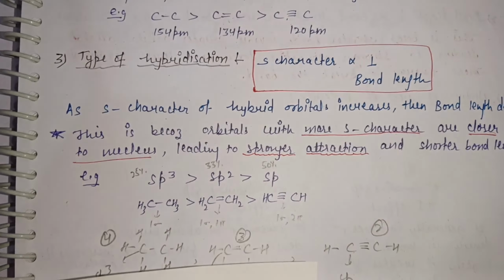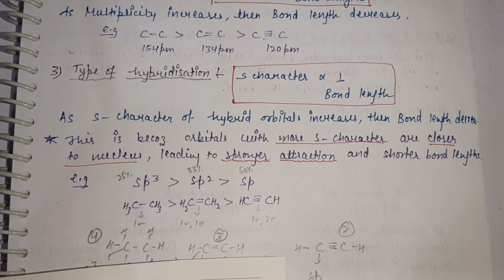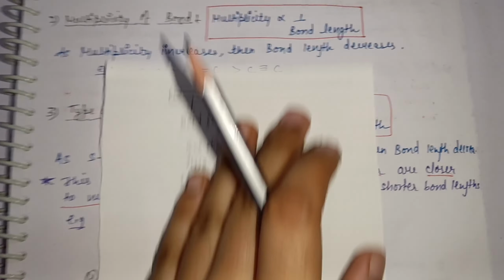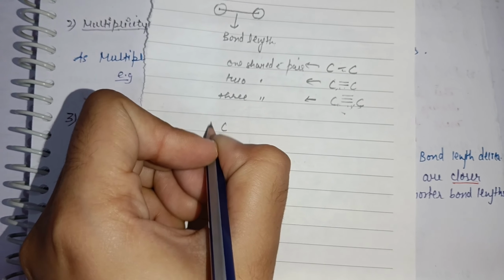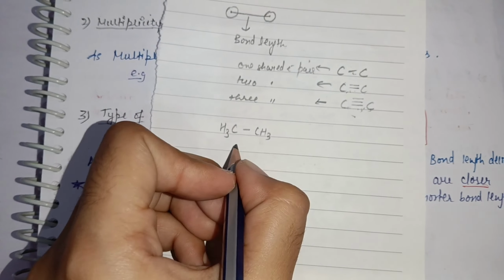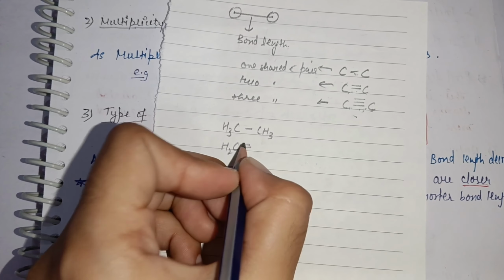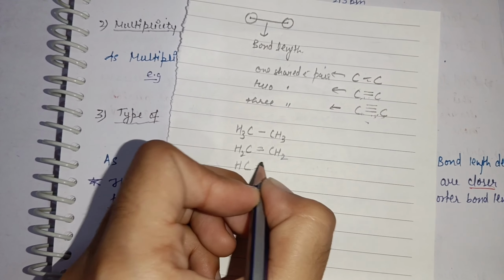Now the third factor which affects bond length is type of hybridization. In the first case we have CH3-CH3, with a single bond. In the second case we have CH2=CH2, with a double bond. In the third case we have CH≡CH, with a triple bond.